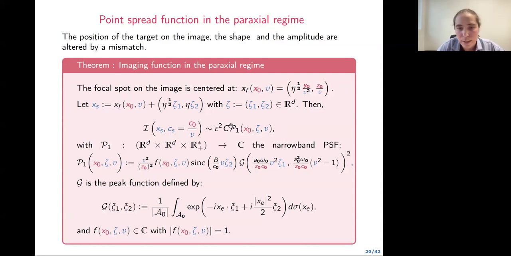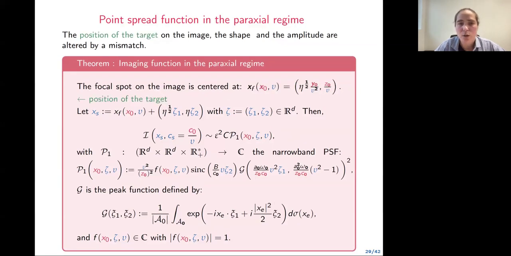And so we get that it's proportional to P1, where P1 is what I call here the narrowband PSF. So here I wrote everything in 2D, but you have the same thing in 3D. And you retrieve your three different effects. First, you have the position of your target that is not the same when you have a bad backpropagation speed. Then the shape is different.